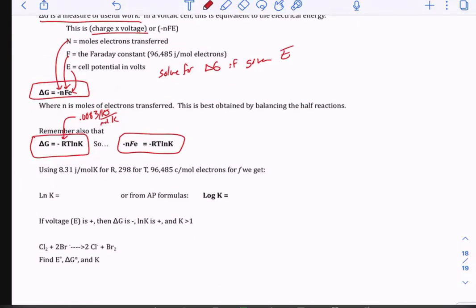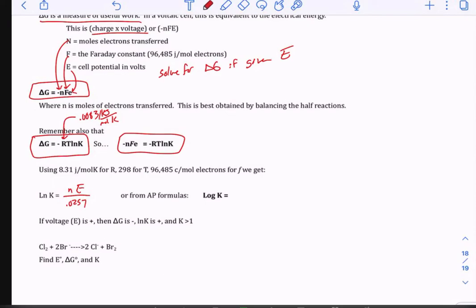There are going to be times, there's different variants of this equation. This in and of itself can be used directly, but a useful derivation is ln of K equals n times the potential over 0.0257. This takes into account that 8.31 joules per mole Kelvin is used for R, the temperature is 298, and the Faraday is used.